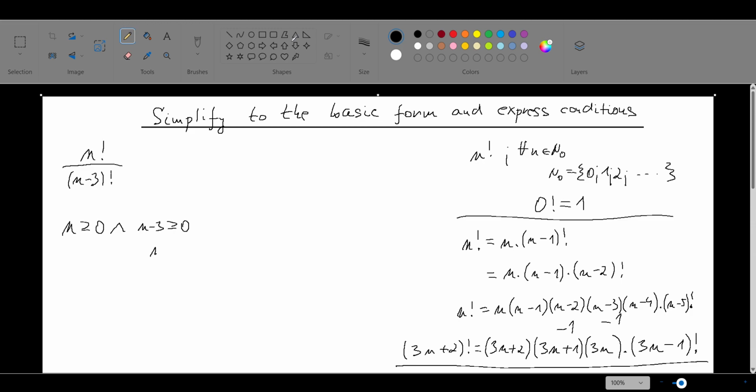So in this case n must be greater than or equal to the number 3. As both of these conditions must be true, there is only one, because n greater than or equal to 0 also includes 0, 1 and 2, but the second condition doesn't allow us to use these numbers, so the final condition is n is greater than or equal to 3.